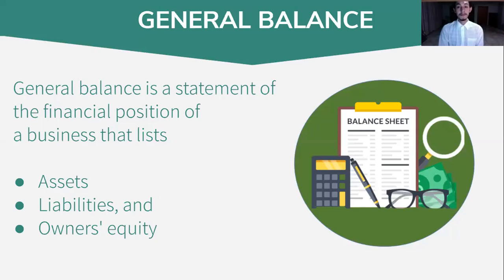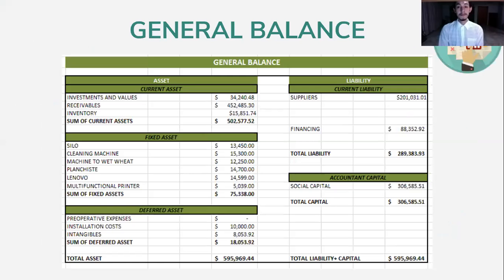Okay, now moving on to the general balance, we have the following concepts: assets, liabilities, and equity. This is a general balance that reflects how we are doing with our finances. Basically, it reflects our health in the financial aspect.